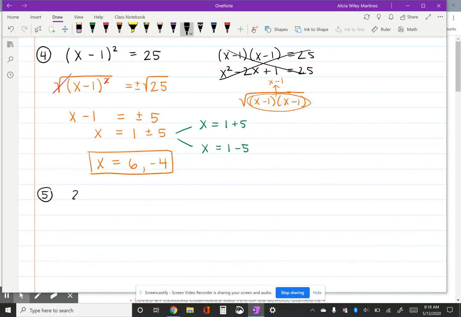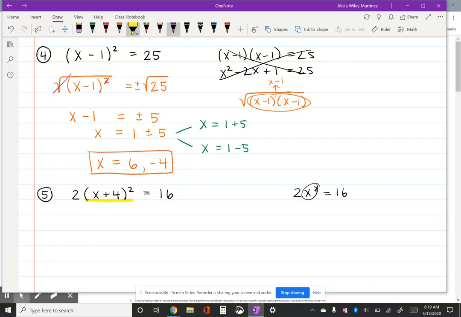We have 2 times (x plus 4) to the power of 2 equals 16. Now, just like if I had 2x squared equals 16, I would want to get this x squared by itself. Well, I don't have just an x squared, I have a binomial squared.